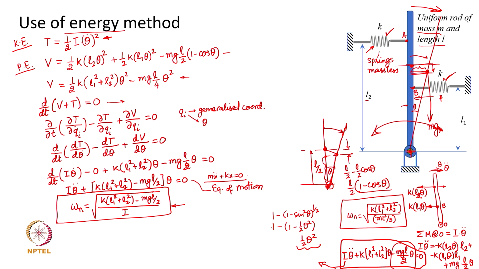Maybe if you want to use the second approach of d/dt of V plus T equal to 0, I can take the derivative of all of them.